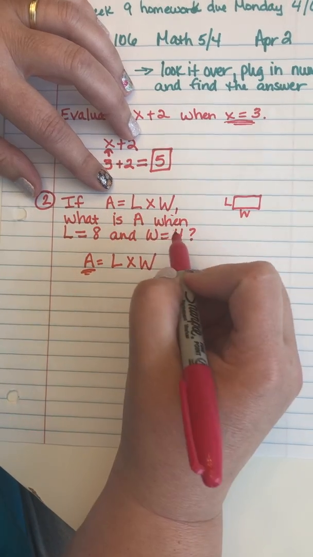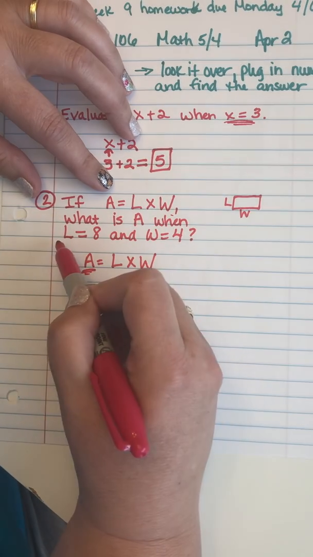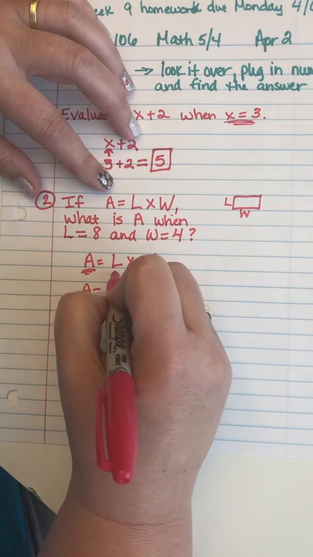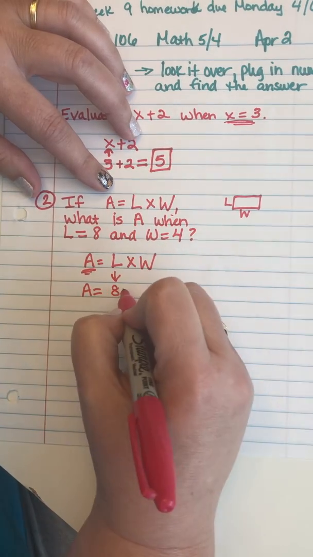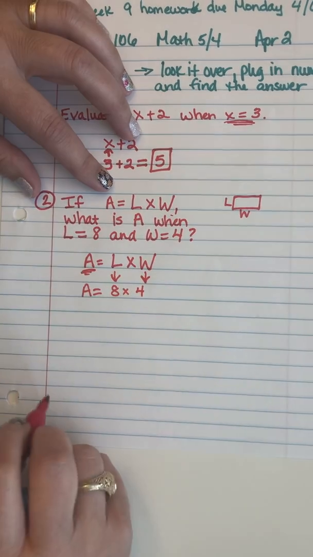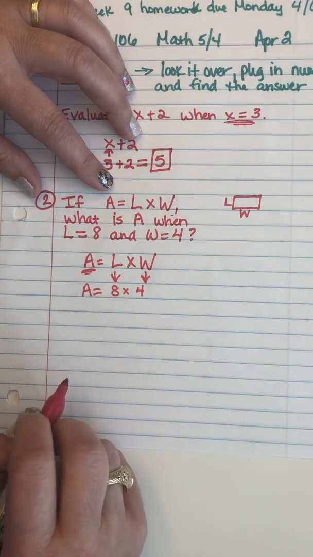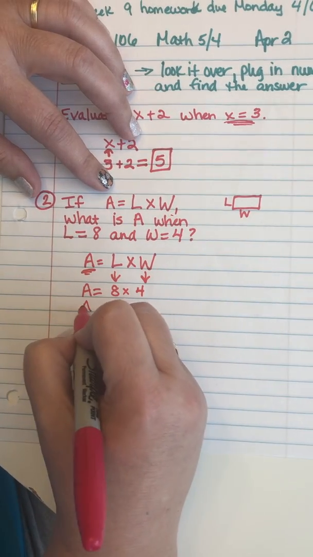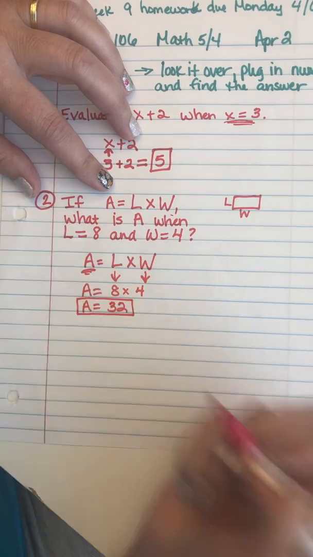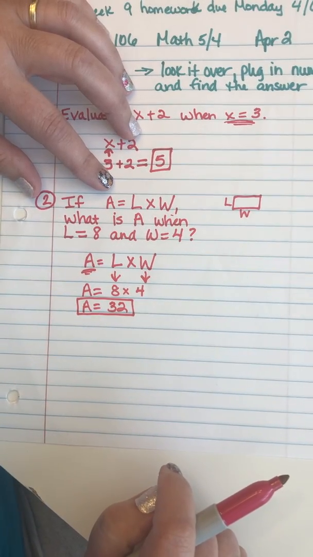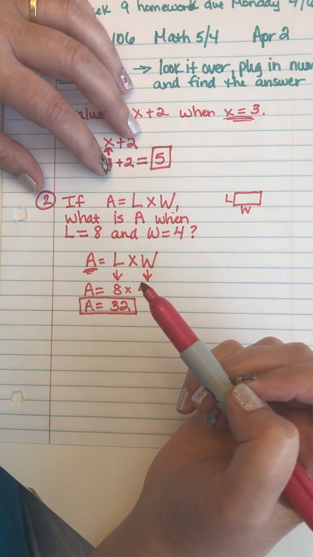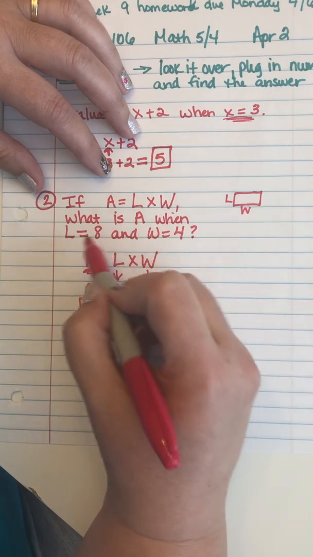We always work with what it gives us. L equals 8, and it tells me that W is 4. Now I've got something easy I can work with. 8 times 4, I know, is 32. A equals 32. So you're simply taking the formula they're giving you, and they're also giving you numbers to plug in.